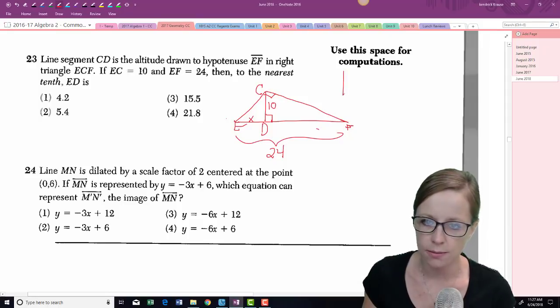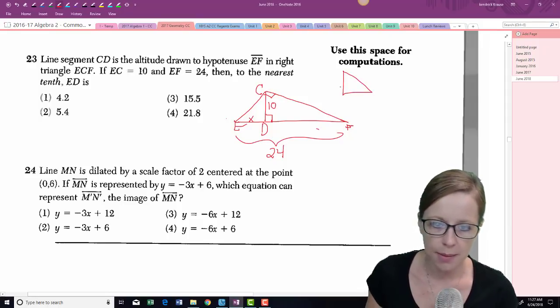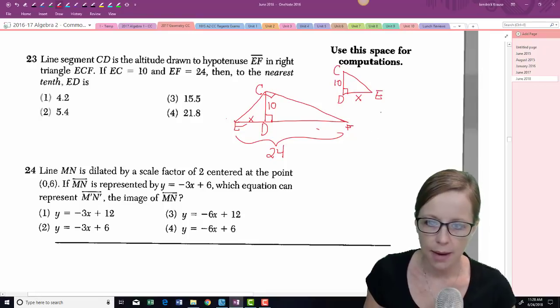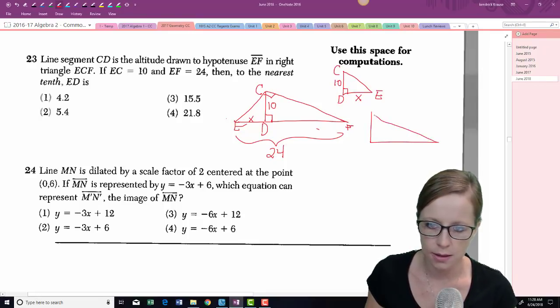So you should have a baby triangle. And my baby triangle is, let's see, D, C, E. And E to D is X, and C to D is 10. My middle triangle, like my mama triangle, right? Baby bear, mama bear, papa bear.